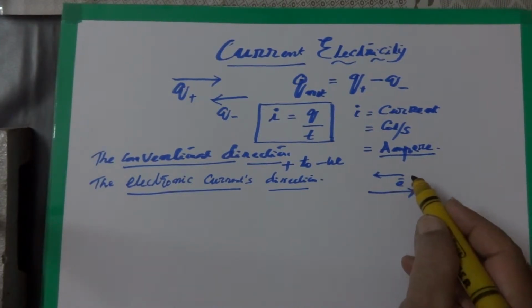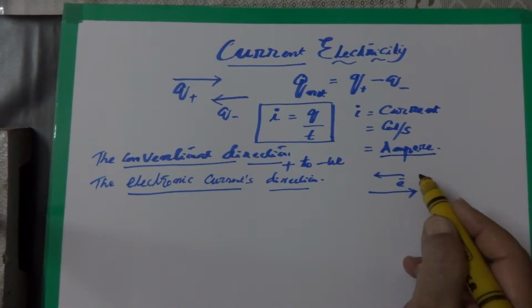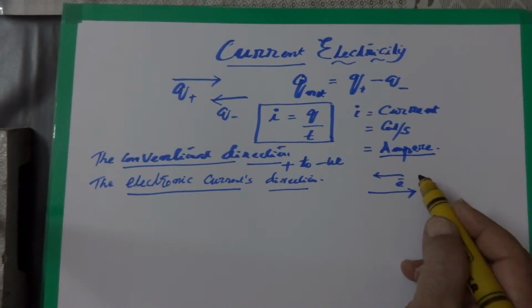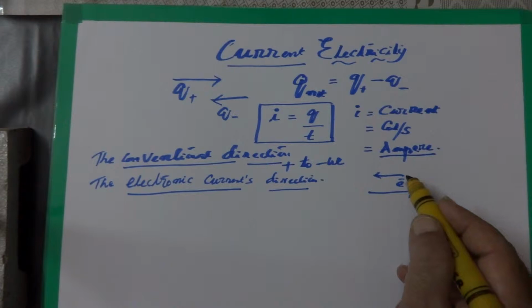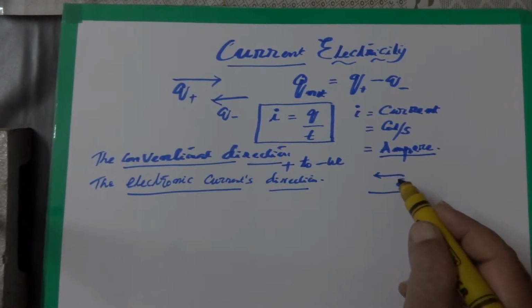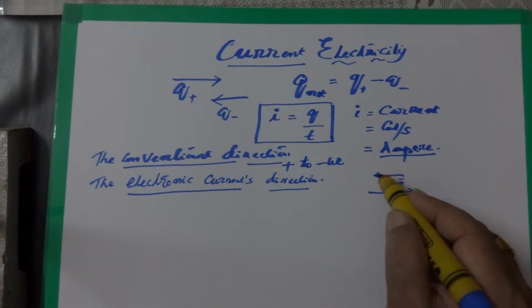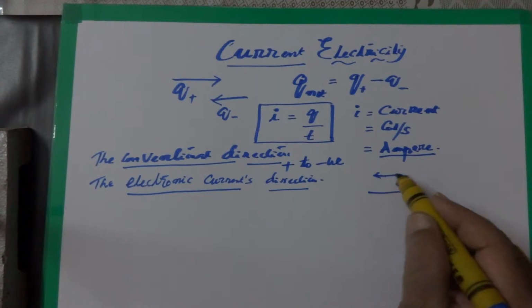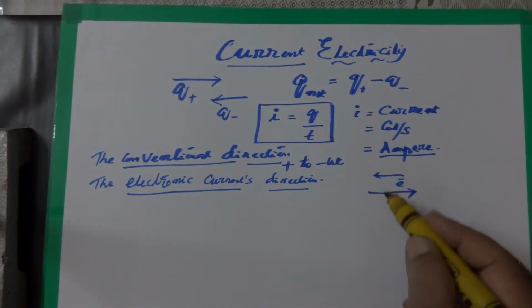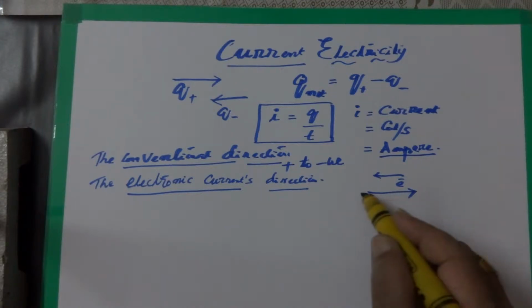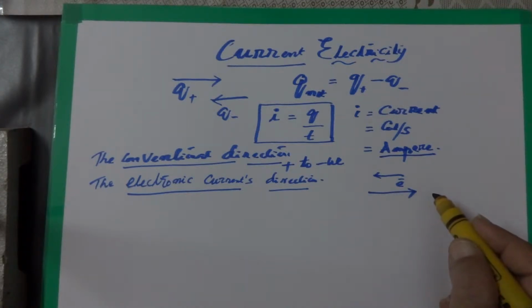To be frank, in any substance, the transaction of the charge will always take place by virtue of moving electrons only. So this is the direction of the flow of electrons, and opposite to that is considered as the direction of the flow of positive charge.